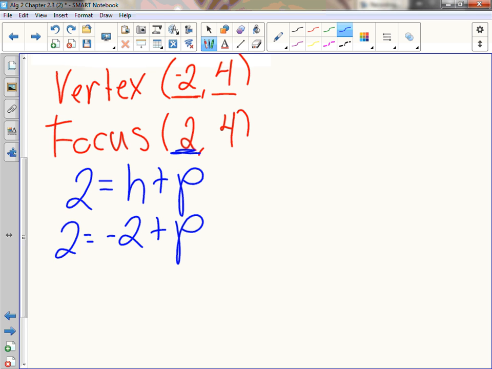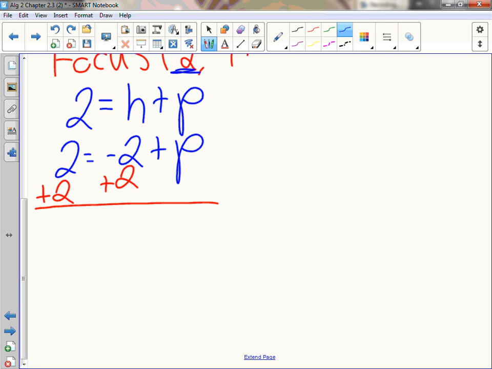Now what do we need to do to find the value of p? We need to add 2 to both sides, yes. We would add 2 to both sides to get p by itself. When we add 2 to both sides, we do get p by itself because these cancel. And we find the value of p is 4.